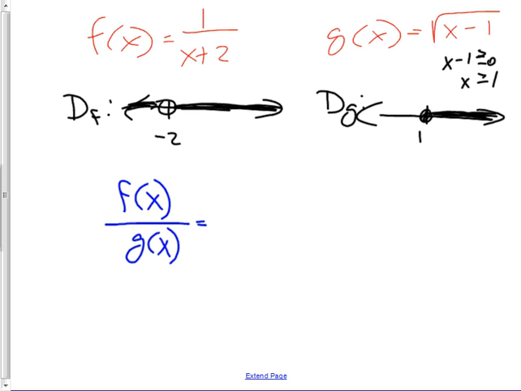Okay, good. Raise your hand if you agreed with him on that one. Okay, good. Now, we actually divide the two functions. f of x is this, 1 over x plus 2, divided by g of x, which is the square root of x minus 1. Now that for a lot of people would be a real problem because they don't know how to handle a fraction in a fraction.